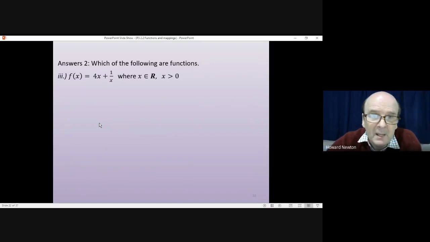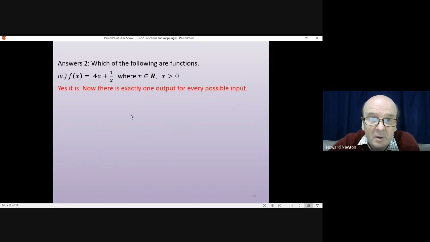Third one, f of x equals 4x plus 1 over x, where x is a real number and x has to be bigger than 0. Well, if you say x has to be bigger than 0, that gets rid of the problem. The only problem was when x equals 0. Every other real number is fine.